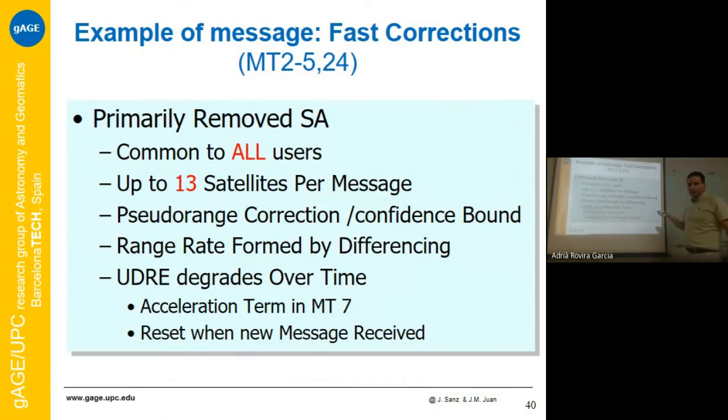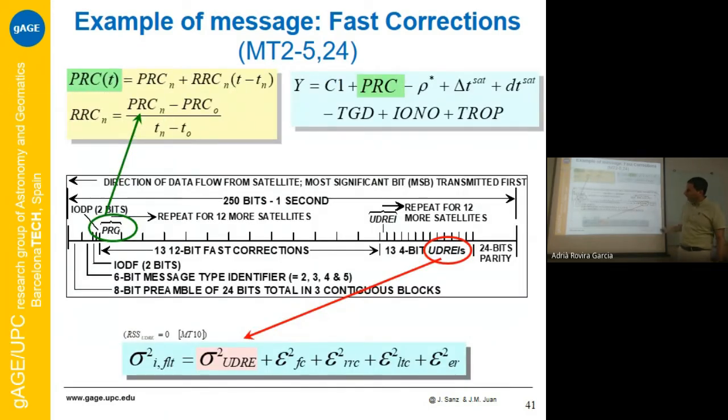We will not go into the details, but you have the slides for using messages 2 to 5 and also 24. So here you have an example of how the corrections are generated.